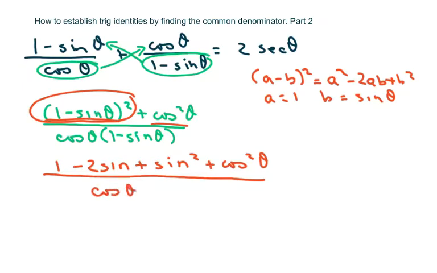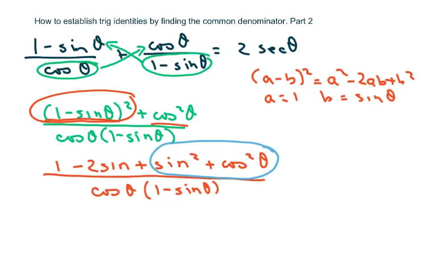The tendency is to go ahead and distribute. Try not to do that until you figure out this numerator part. Well, the first thing you notice is that this is equal to 1.